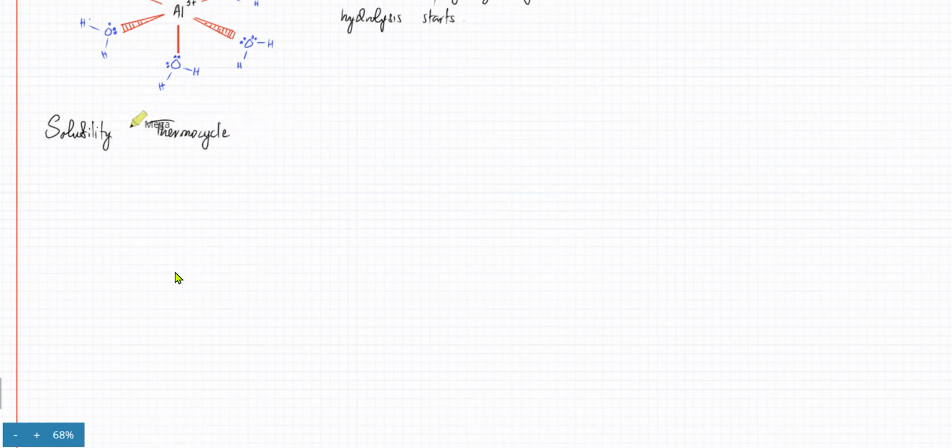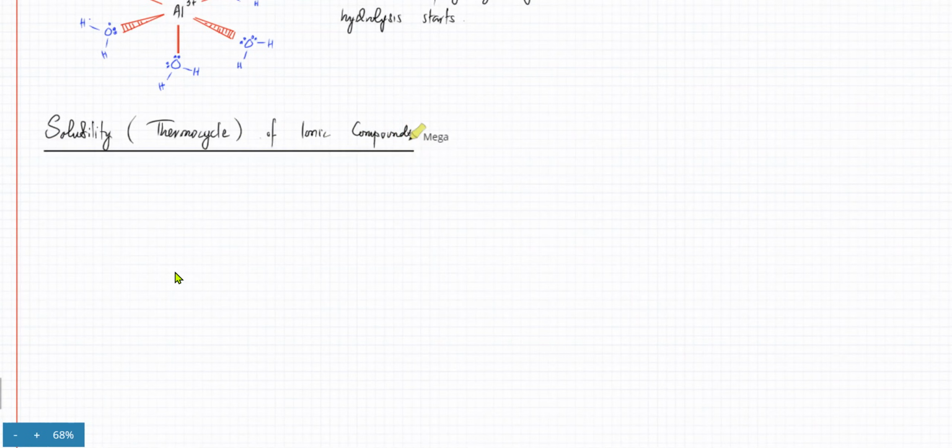I mean, a thermocycle is a Hess cycle, just like the Born-Haber cycle. So solubility of ionic compounds.